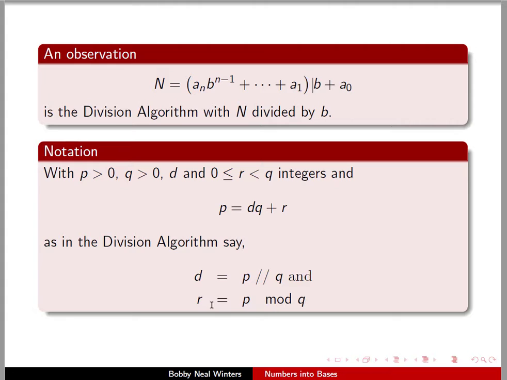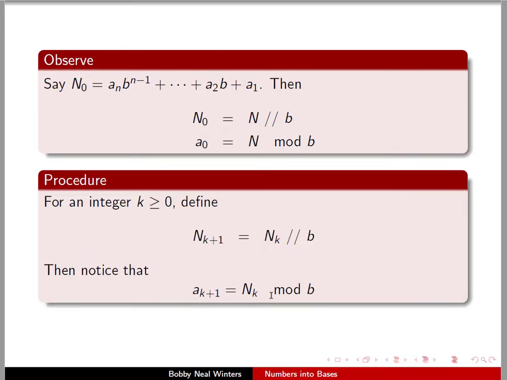And R is read as P mod Q. Okay, so again, the assumption here is that we're dividing by Q, and we set up this notation so that we can state what we need to state a little bit easier.